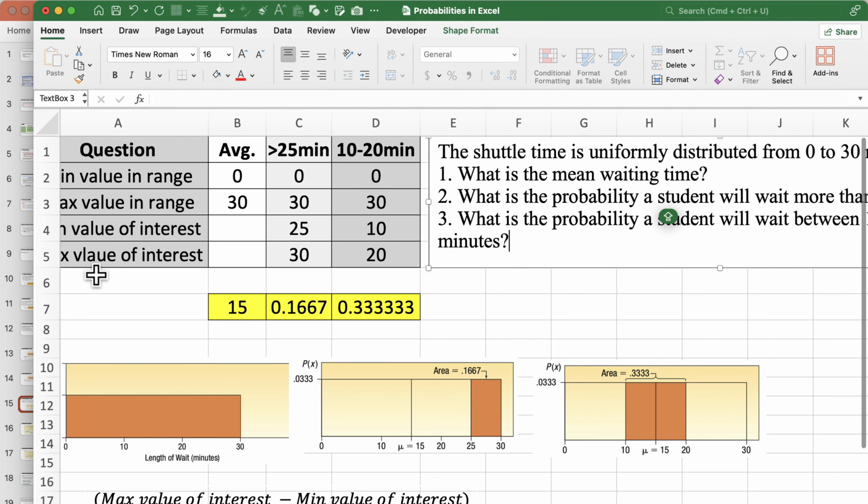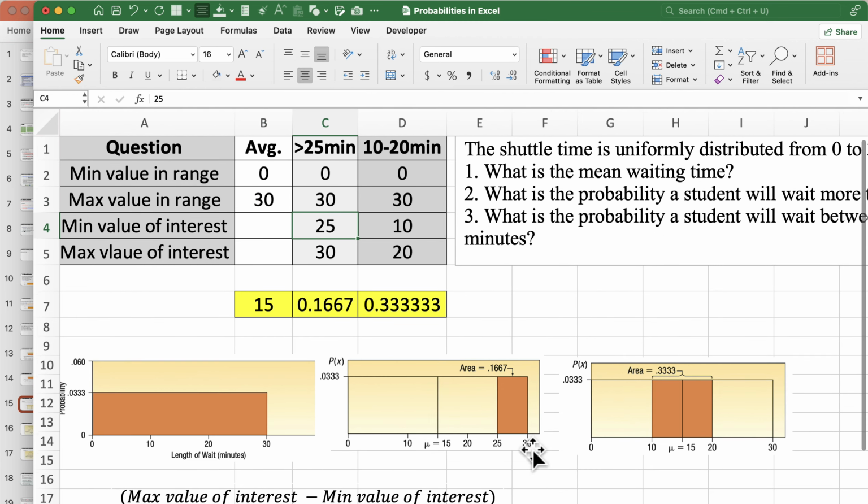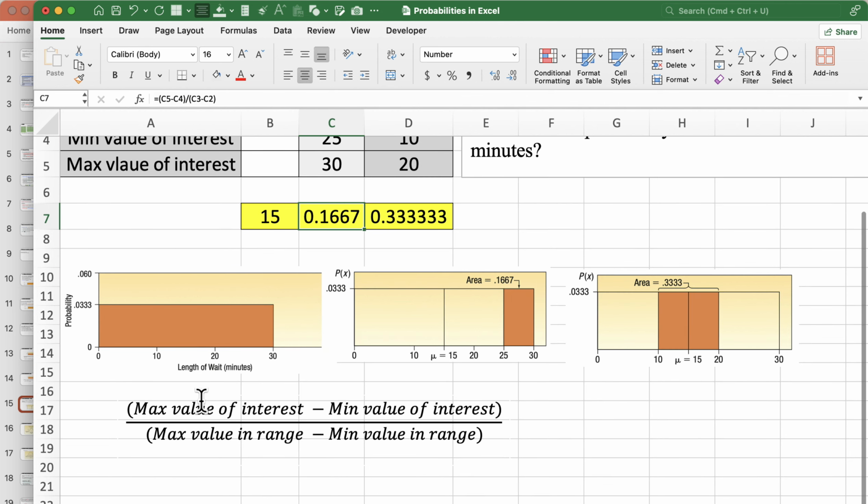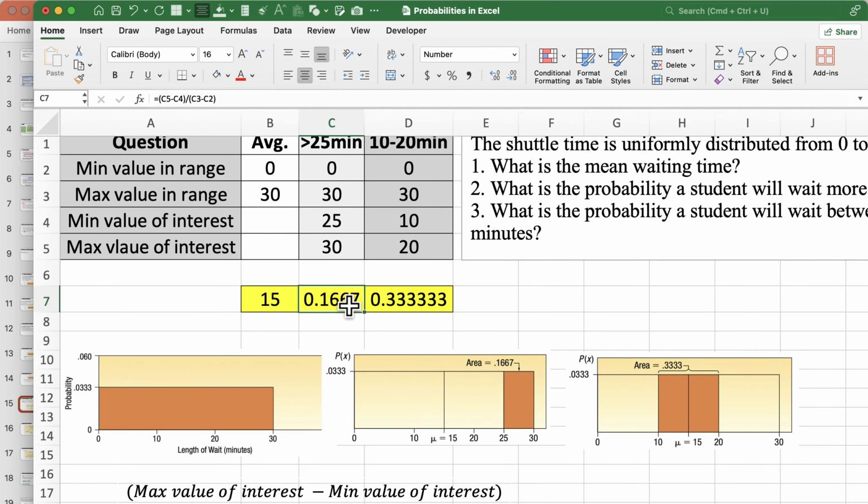So our minimum value will be 25 and the maximum value will be 30. So as you can see here, 30. And I'm using this formula, that's maximum value of interest minus minimum value of interest divided by the difference of maximum value in range and minimum value of range. And that will give us 16.67.